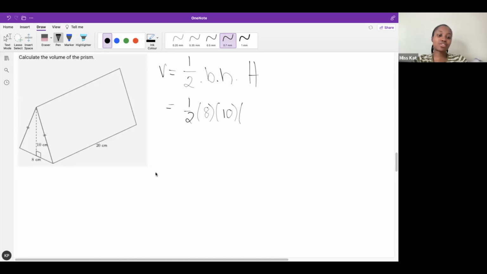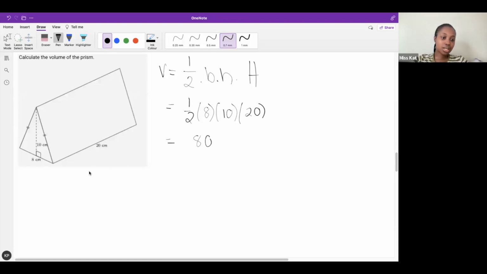Remember, big H is the height of the whole shape. Everything. Thank you, guys. Do you see the difference? So the only difference here is to differentiate between the two heights. Now let's see. Multiply 8 times 10 times 20 times a half. Nikita says 800. And who gave me my units so nicely?